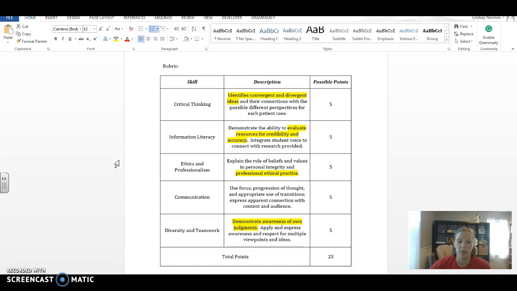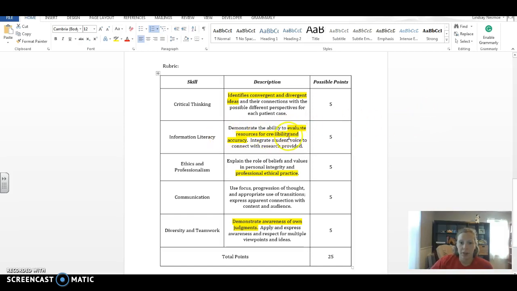Communication, critical thinking, and so forth. So the first bullet says, identify convergent and divergent ideas. That sounds kind of crazy, but that's just a fancy way of saying, did you read the case study, did you interpret it, and did you identify ideas that might be conflicting? So that's part of the summary.